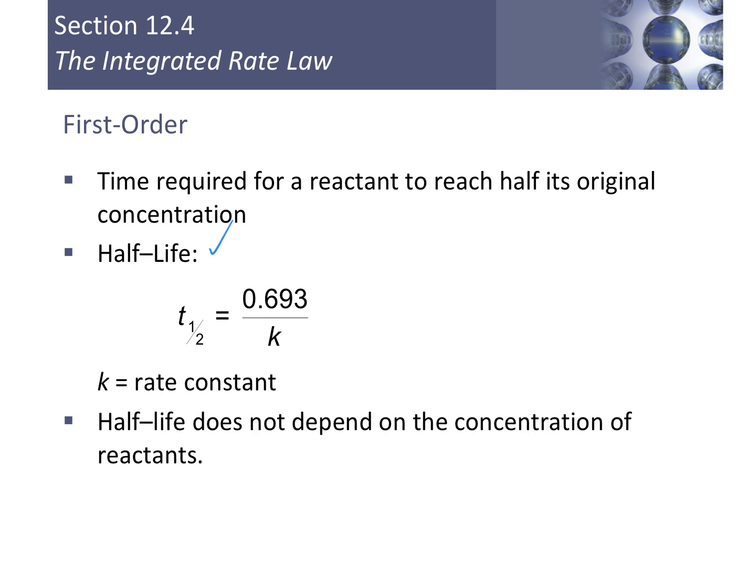So the half-life is how long it will take to get to half of its initial concentration. Here is the equation for first order reactions: the first order half-life is 0.693 over k. Half-life will be measured in seconds, not days or months or years.